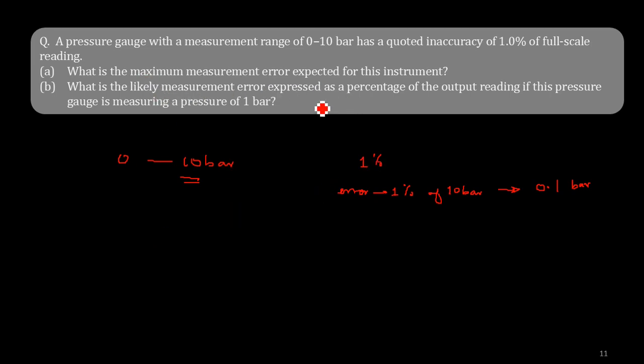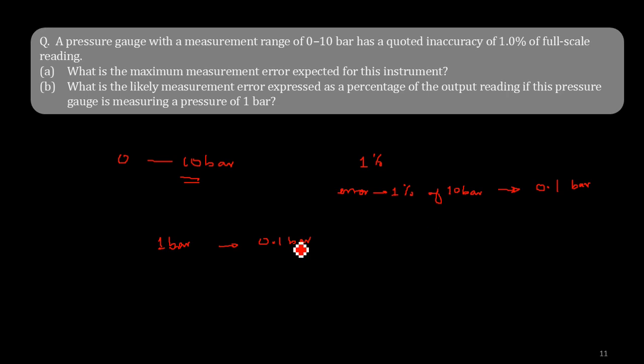Now, what is the maximum error that is expected when you are measuring 1 bar? You are trying to measure 1 bar and the maximum error is 0.1 bar. What will be the percentage of error? When measuring 10 bar, you get 0.1 as the absolute error, which is 1%.